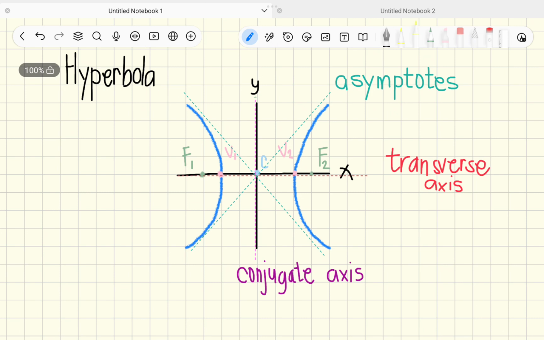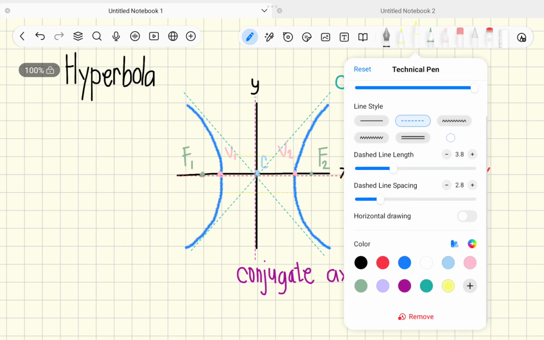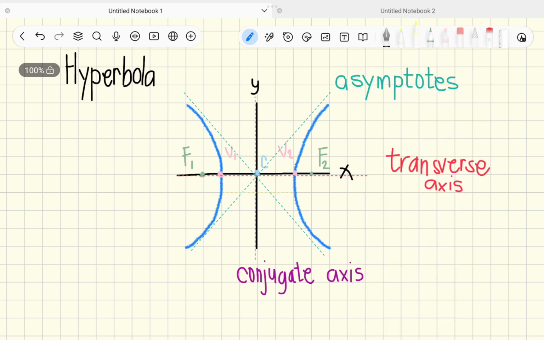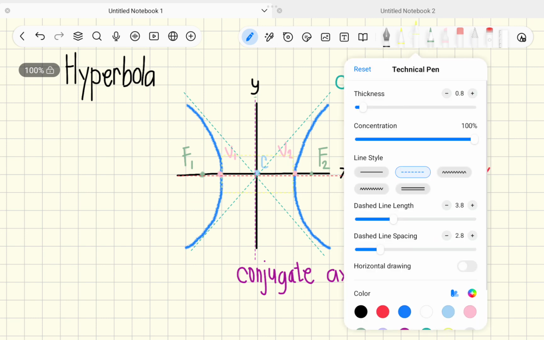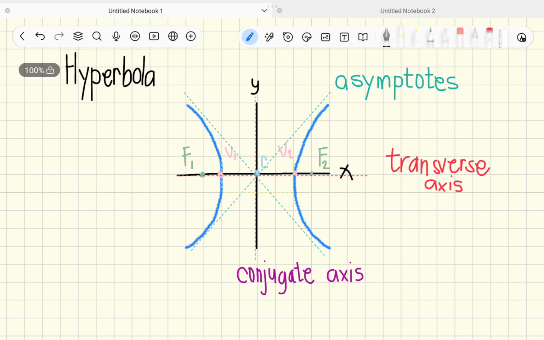So you have the width there, I hope you can see it, and then you also have the length there. So the one in yellow is your auxiliary rectangle. Auxiliary meaning it's extra.